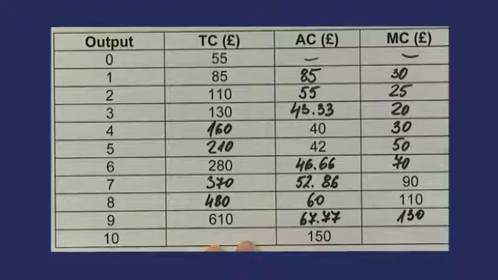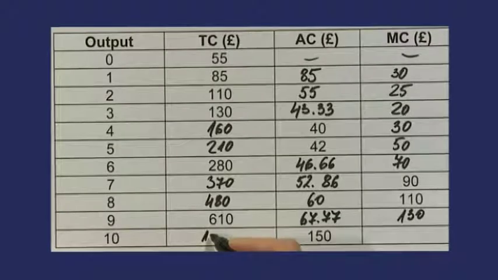And the last one, we've got 10 units of production. We've got an average cost of 150. When we multiply it, obviously we have total cost of £1,500, and marginal cost has increased to 890.